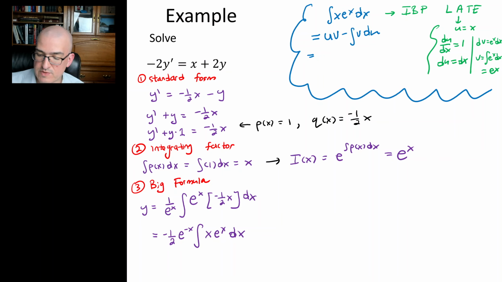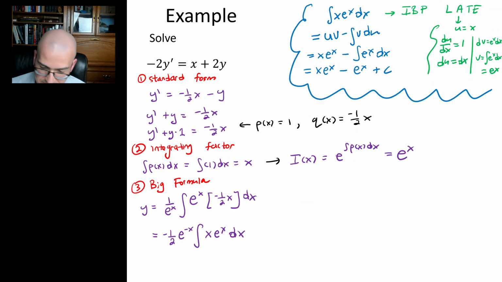So we said that u was x, and v, we found, is e to the x. Du is just dx. We can integrate, and we get x e to the x minus e to the x plus c. And then that's what we'll plug in down below.